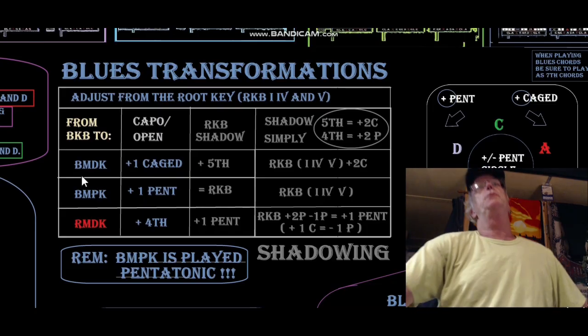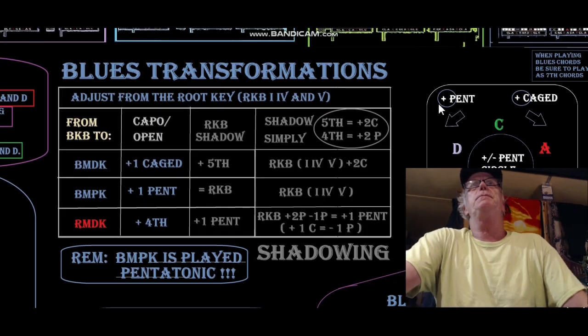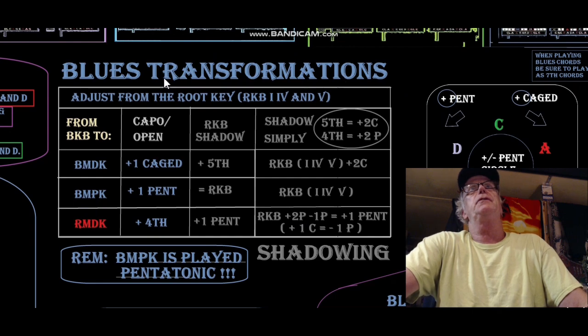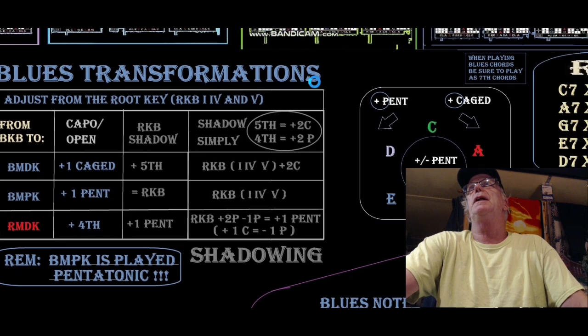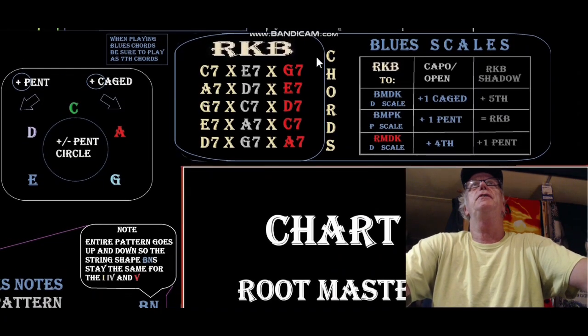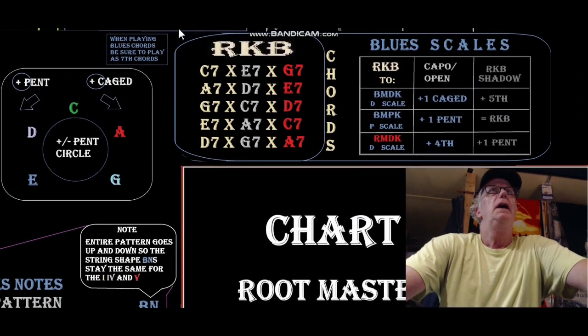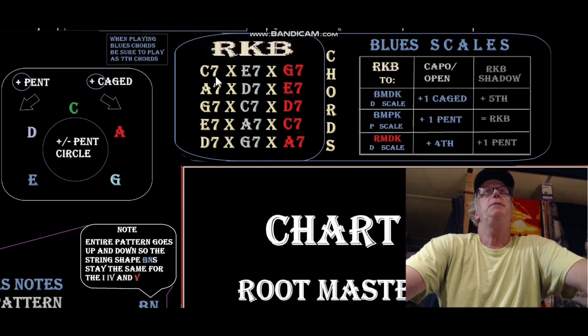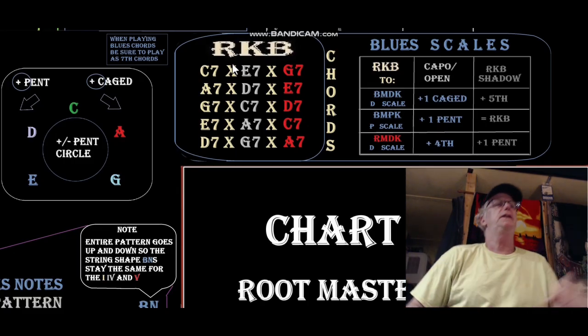What we're concerned with, since we did bump over the chords, is that we've got the same thing over here, and this is what's new. So this is the RKB. It's the root key of the blues.